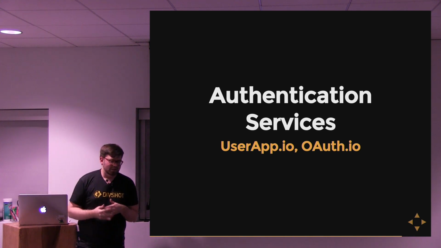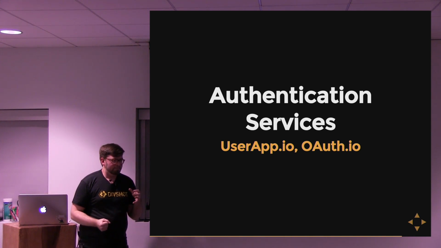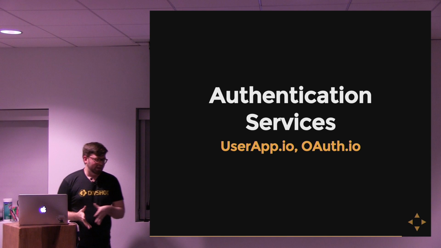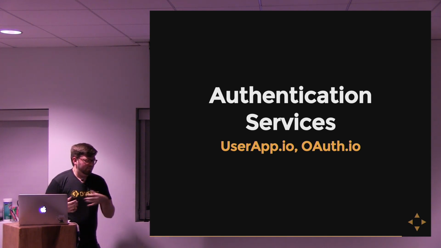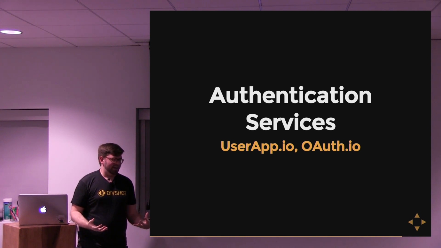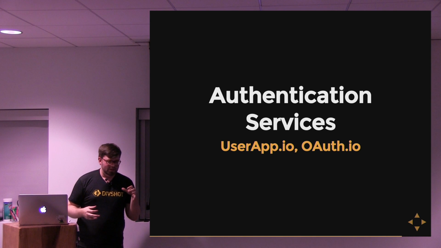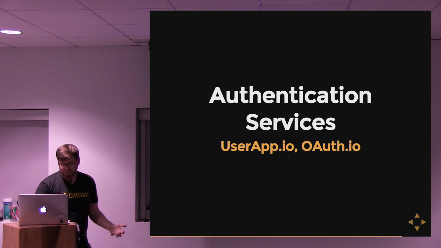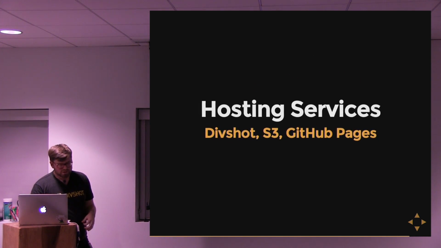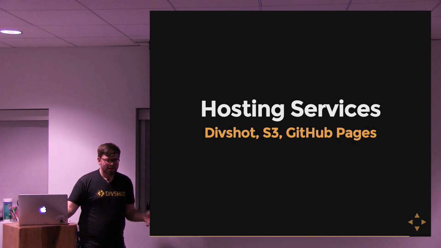And I think that's a really interesting window into where things are going, where the browser becomes this coordinating agent, like I said, of all of these different services, and you can basically just pick and choose and drop them in, and you add functionality to your application that way. Then as far as where you're going to host these, DivShot is an option.